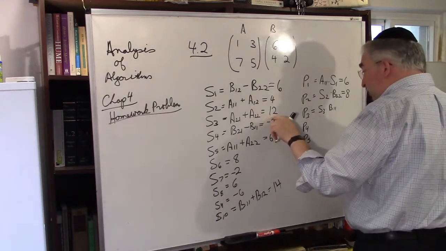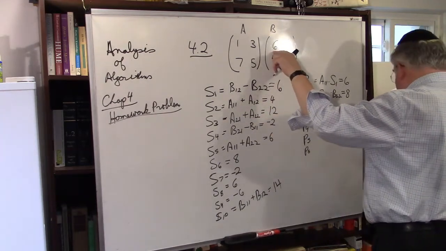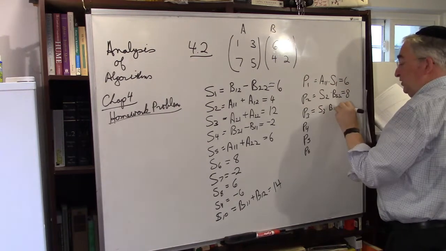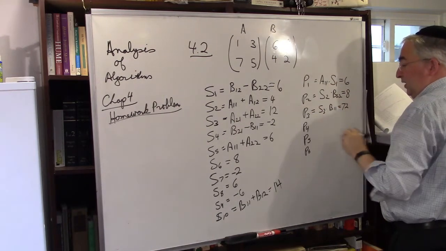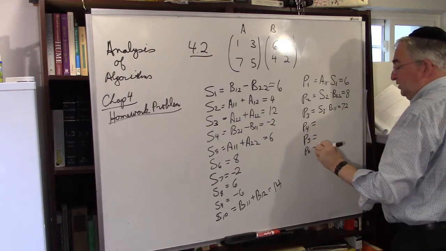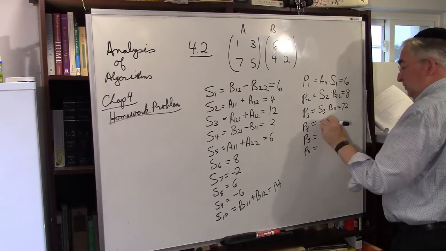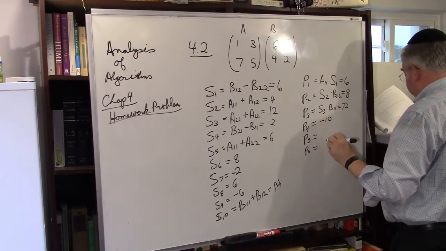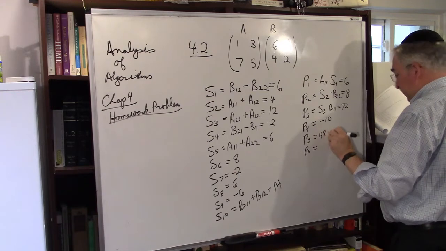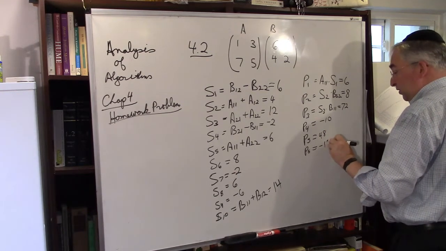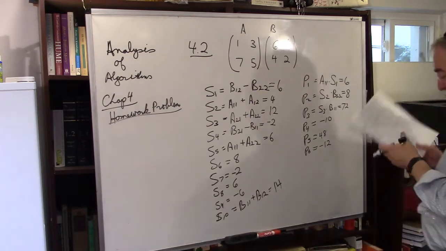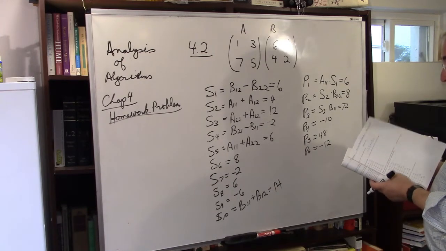S3 is 12, B11 is 6, 6 times 12 is 72. Okay, I'm just going to fill in the rest. You can figure it out yourself. It's going to be minus 10. This is going to be 48. And this is going to be minus 12. That gives you the P matrices. What a pain in the neck.